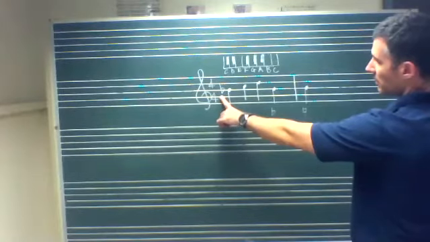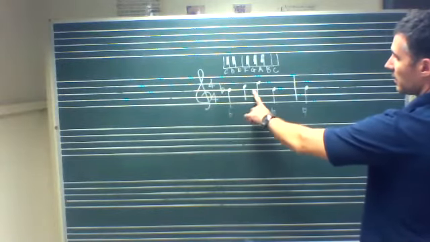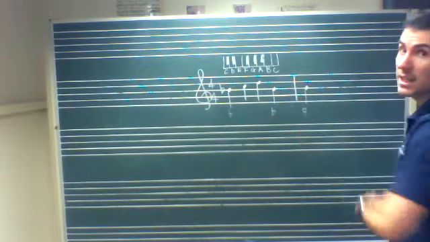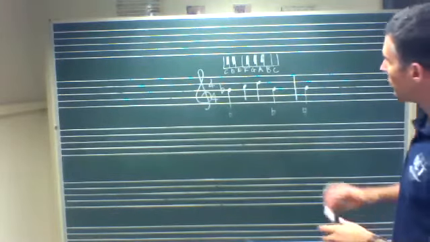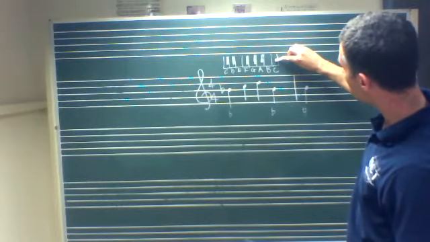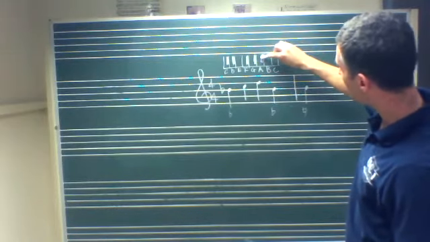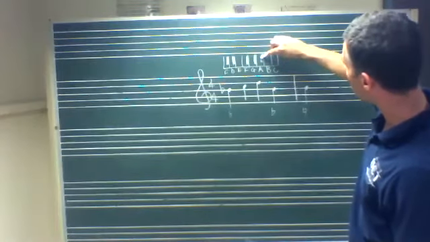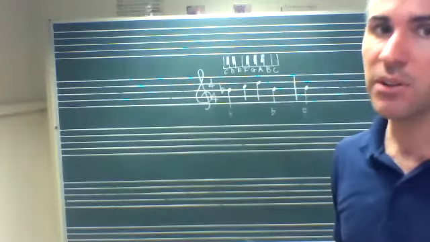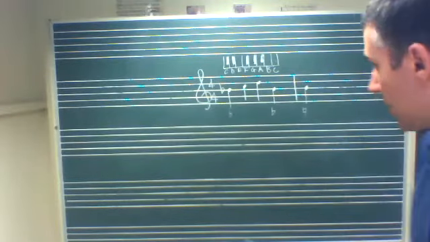If you have an accidental in the bar, it is valid for the whole bar until you come to the next bar. So if we had this, we go B flat, C, D, B flat, and in the next bar, B natural. We're all happy with that. It's very, very important that you know how this works, okay?